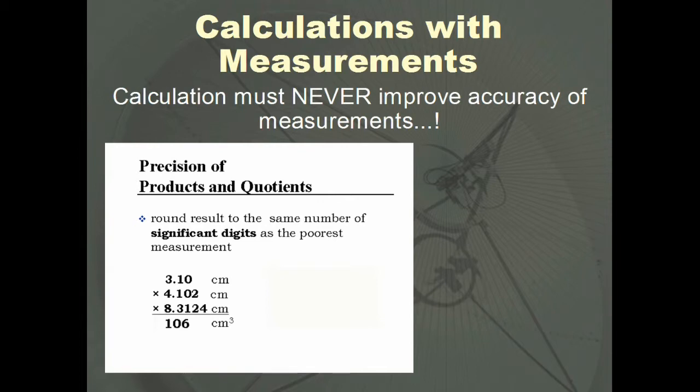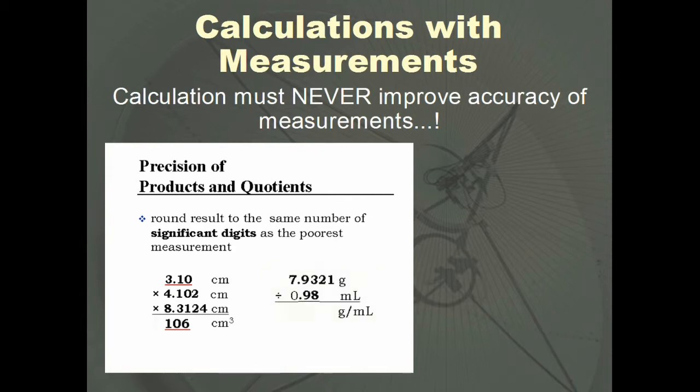Because we need to go by the weakest or lowest number of significant digits in our calculation, the 3.10. This number has only 3 significant digits. Therefore, my answer cannot exceed 3 significant digits. It is the poorest link in our chain. And 106 is the rounding I need to do to write that answer down correctly.